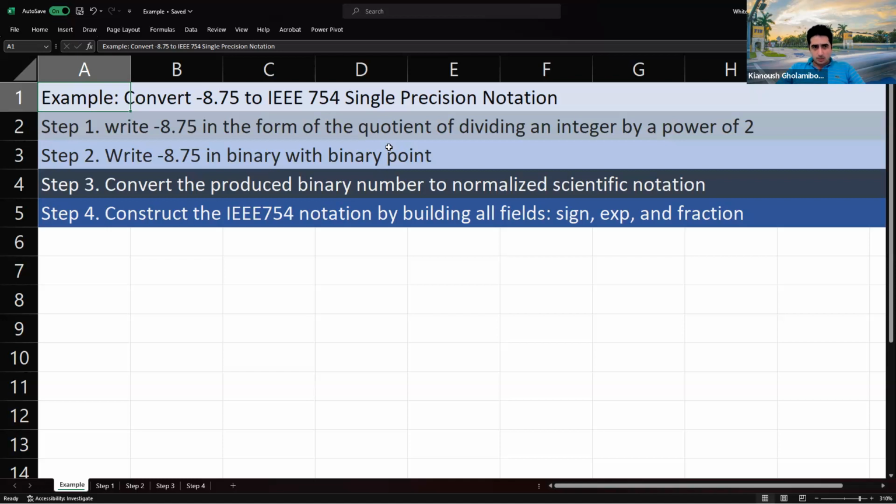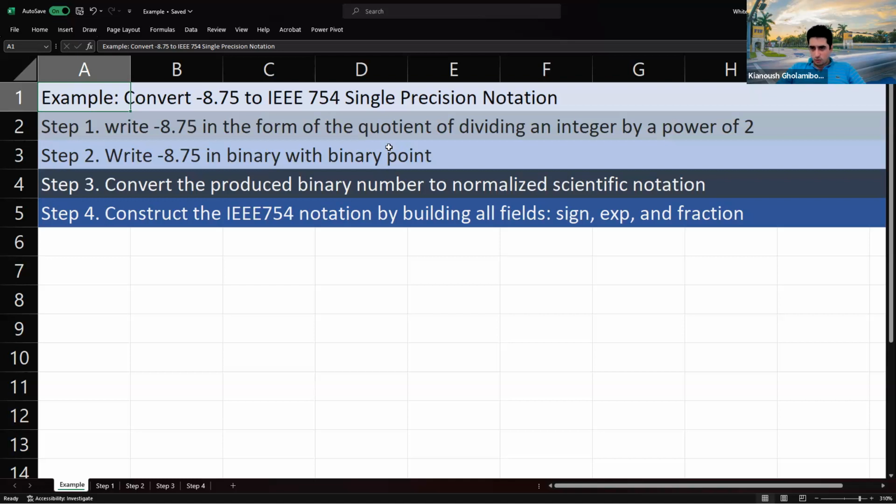In the second step, we're going to write down the same number, negative 8.75, in binary notation, in base 2, but with a binary point, which means instead of a decimal point, you have a binary point, and then you have the fractional part and the integer part. I'll show you how it looks. In the third step, after you have the binary representation of the number, you're going to convert it to its normalized scientific notation.